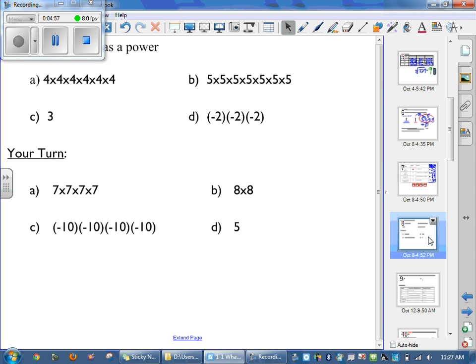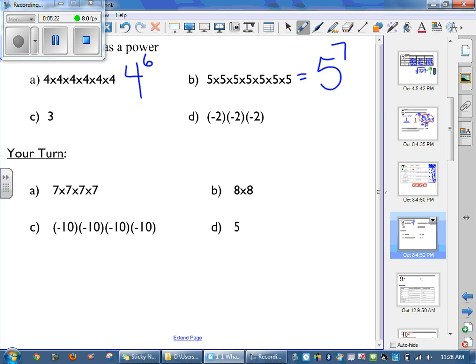What would A look like? 4 with a baby 6. Good, so 4 exponent 6. That's written as a power. How will we do B? What is B going to look like? 5 to the 7th power. Good. What about letter C? What does C look like?